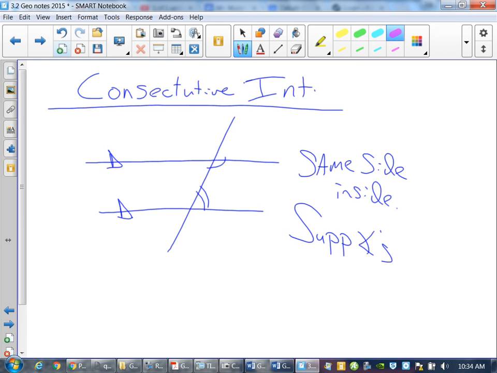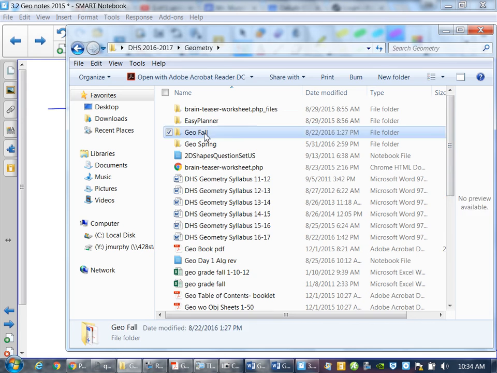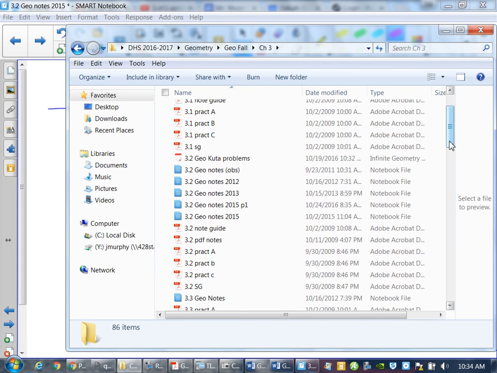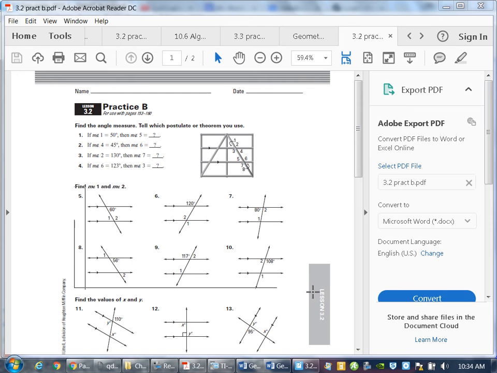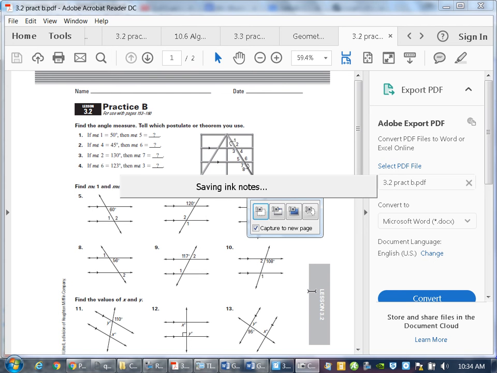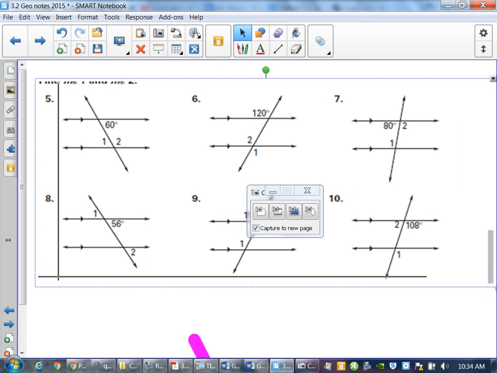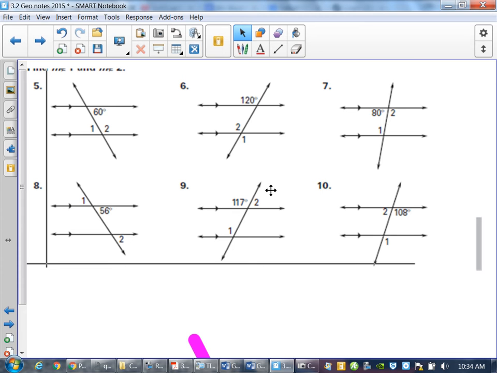So if you went back and look at what you guys did, 60 and angle 1 are what type of angles?